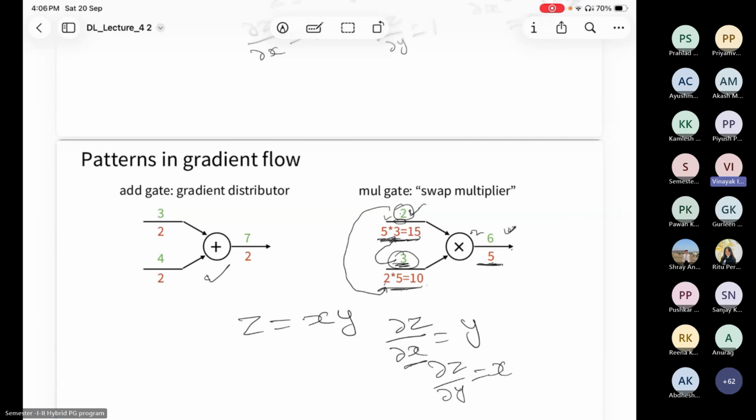This will help you while designing the code. Instead of finding the gradient, you can simply exchange the values. Why go through computations like del Z by del X? Because we know this is just exchanging of values, and while coding you will not have such things as finding gradients.